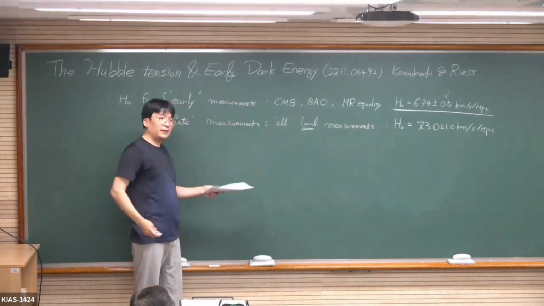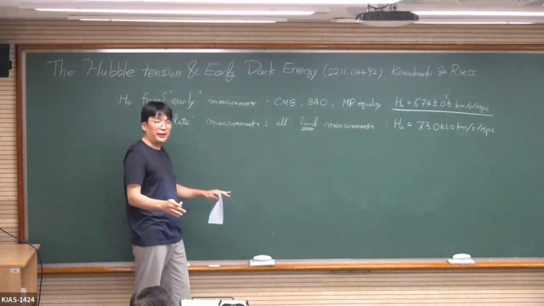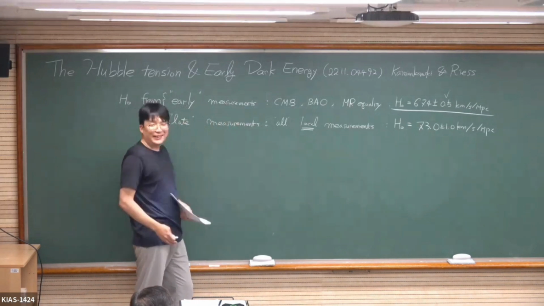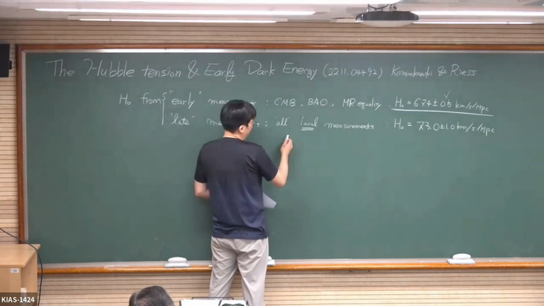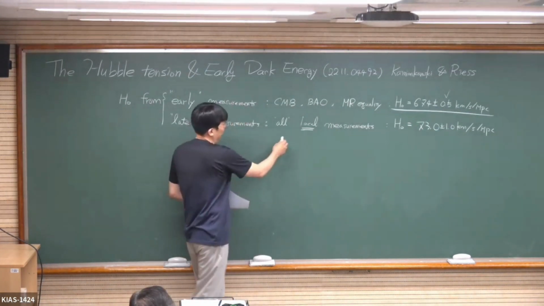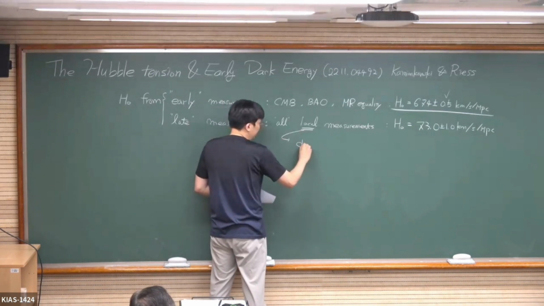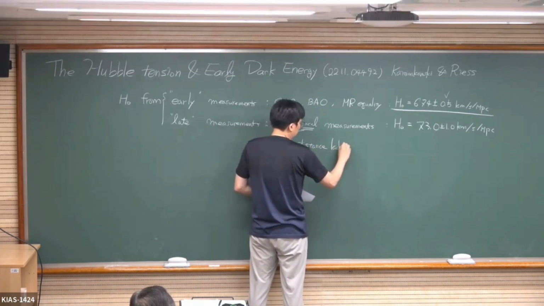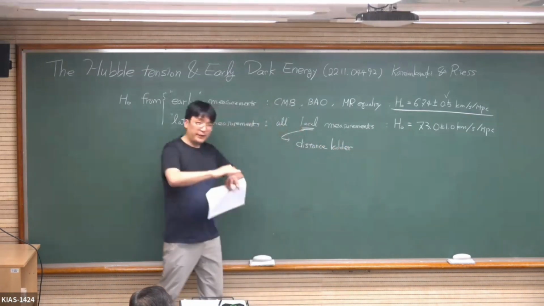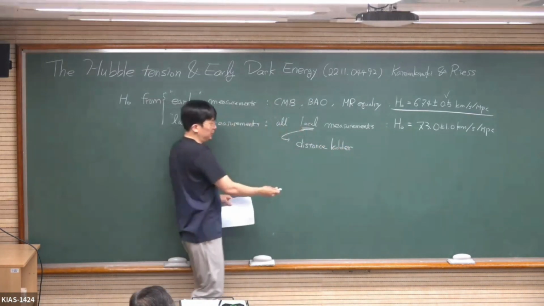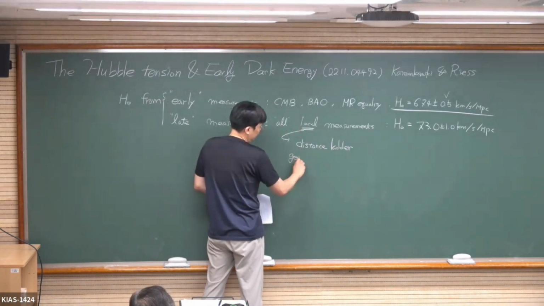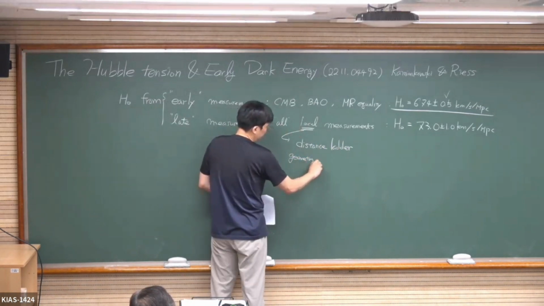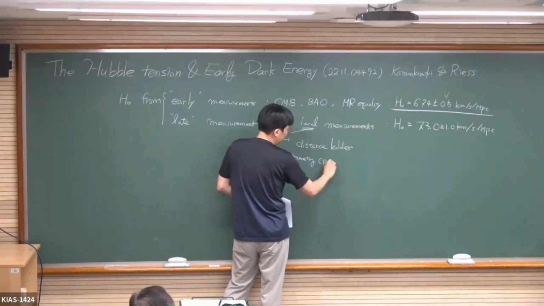And local measurements here include all we know and learn and love in our astro classes. This basically includes something like a distance ladder. For the very nearby universe, we always use geometry. That means parallax.